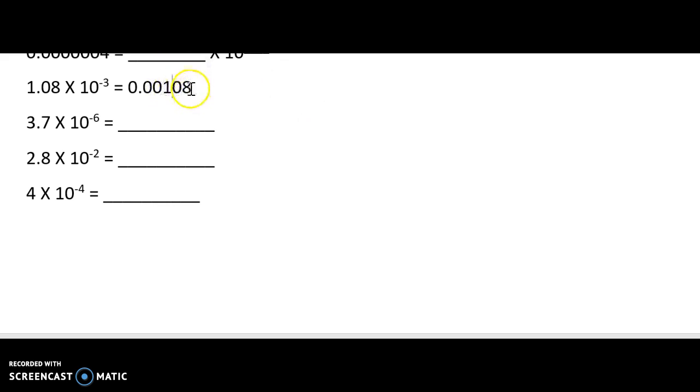It was 1.08 when it was written in scientific notation. Shift over 1, 2, 3, and we get 0.00108. Okay? So what we did was we shifted the decimal to the left until we had a small fraction, which matches 10 to the negative third. All right, 1, 2, 3 spaces there.